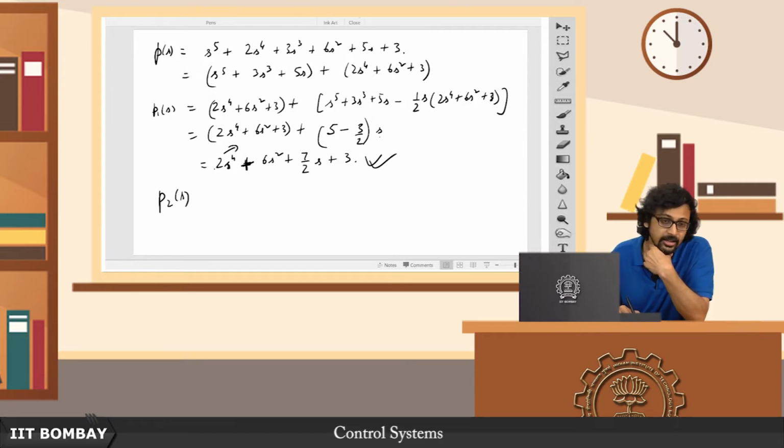How? By multiplying the odd part of this polynomial with s times some suitable scaling factor. But to your horror, you now see that the odd part does not have an s cubed term, it only has this s term. So what can you do then? What is it that you would possibly do?